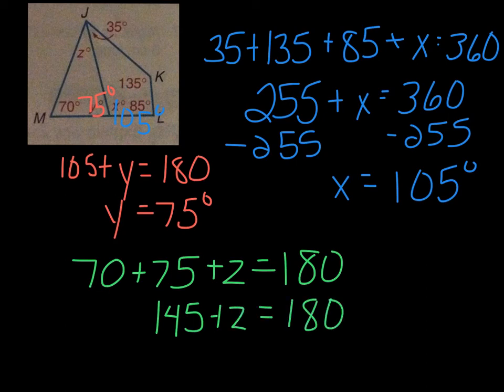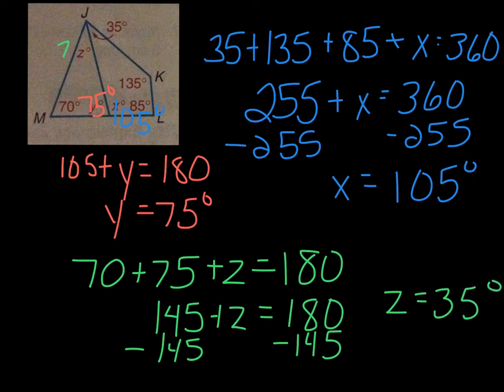Then I'll subtract 145: 180 minus 145 equals 35. So z equals 35 degrees. You can put that right there. All right, I hope those were the angles you were able to get also. Go back and rewatch any part of the video that you need to before doing today's assignment.